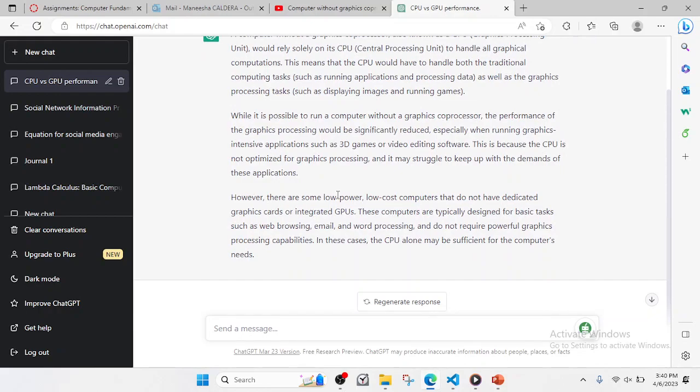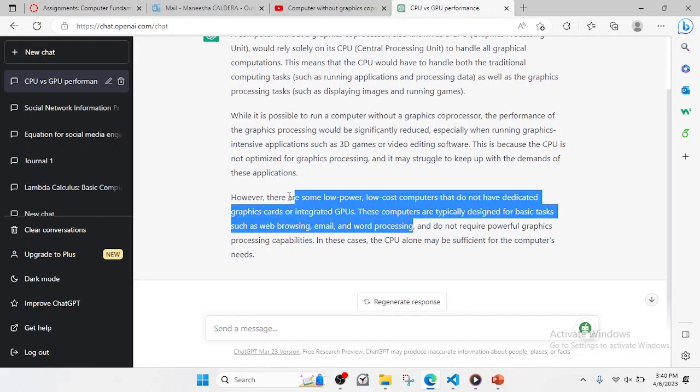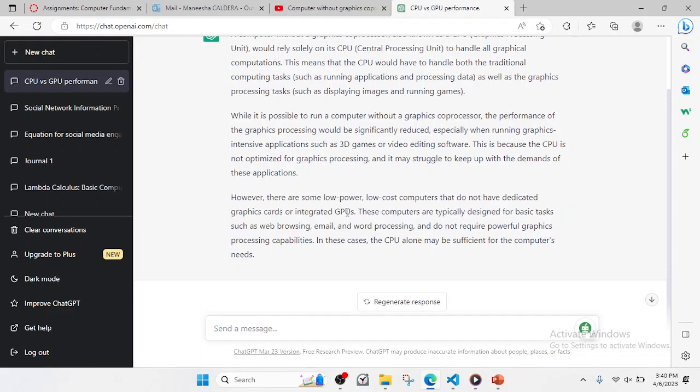However, there are some low power, low cost computers that do not have dedicated graphic cards or integrated GPUs. These computers are typically designed for basic tasks such as web browsing, email, word processing. Now, some of the low power, low cost computers do not have dedicated graphic cards or integrated GPUs.